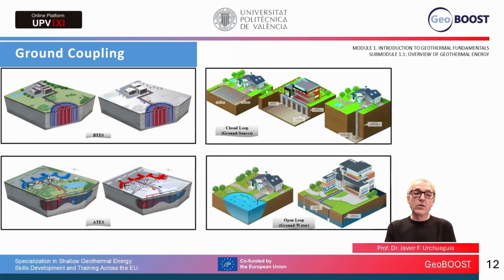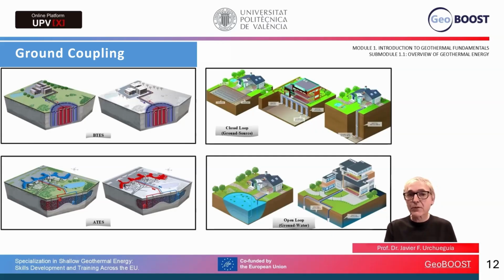We can see also an example where the water from a lake is used. An ATES system is a specific class of this type of water-coupled system in which we can use water from different aquifers, making use of the storage capacity of this water mass.